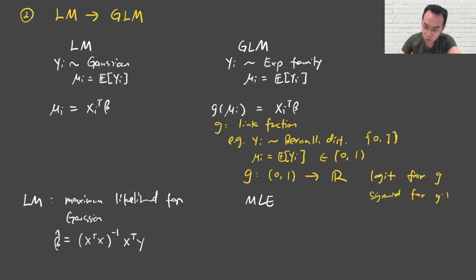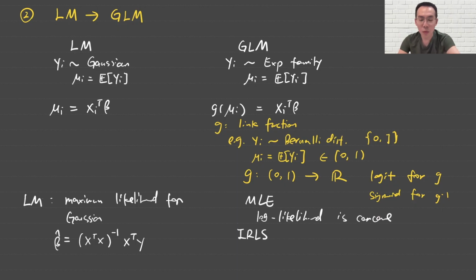We can solve it numerically using the IRLS algorithm. It stands for iteratively reweighted least squares. So that is the numerical algorithm. But the next thing is that the log likelihood function for the GLM is actually concave. That means when we solve it numerically, it has an optimal solution.